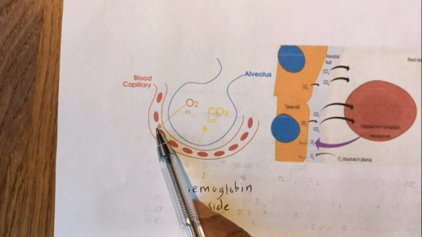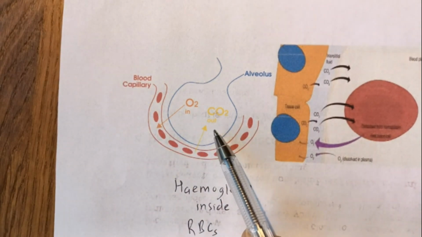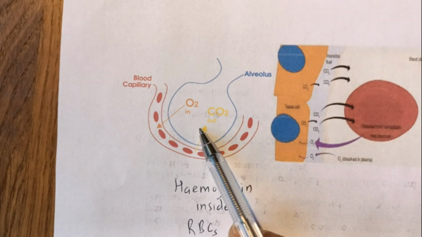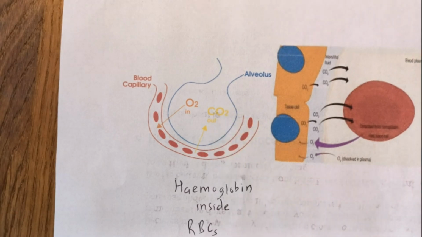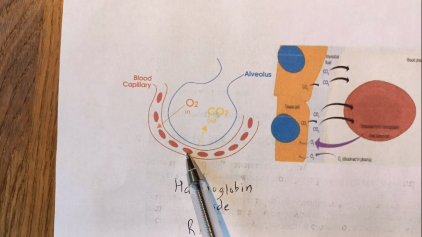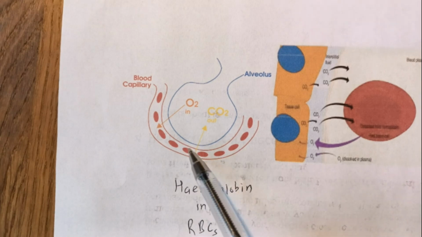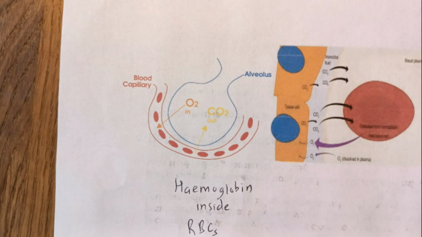And then blood carries this oxygen away from the lungs to the body parts. Similarly, blood brings carbon dioxide from the body parts to the lung, so it can be expelled out. So this process involves the blood pigments, and these pigments take up oxygen and carry a lot of oxygen with them.